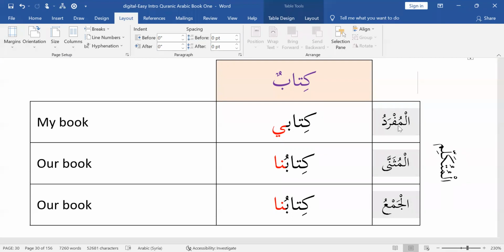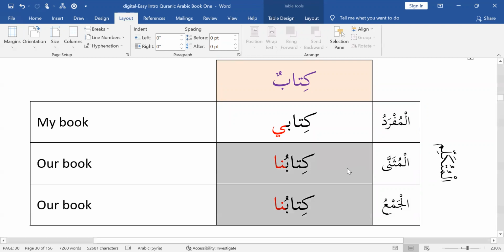Mufrad, muthanna, jama' is, of course, singular, dual, and plural. So you can see kitabi, kitabuna, kitabuna. Kitabuna is used for both muthanna, dual, and al-jama', which is plural. So that's the first person.